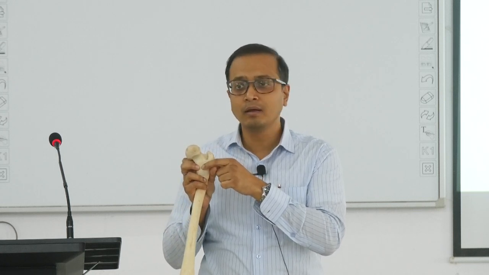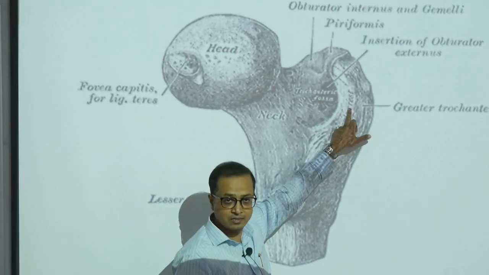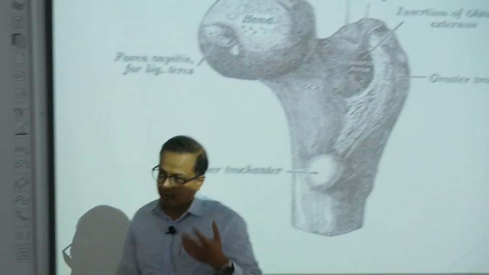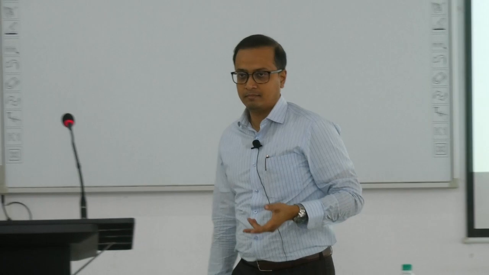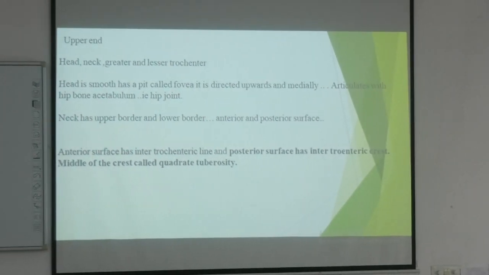Posteriorly, intertrochanteric crest. The same thing. So this is on the back side. So back side we have the crest and anteriorly we have the line. Okay? So this is about the neck, whatever you see.